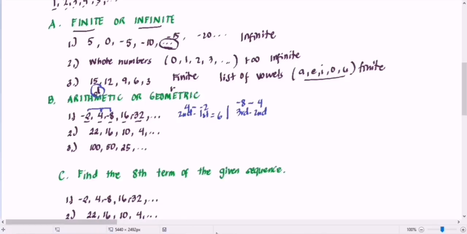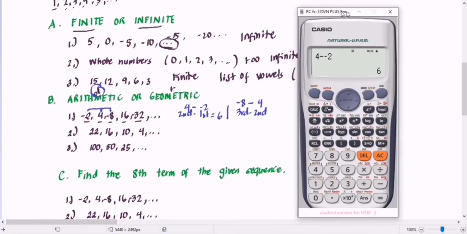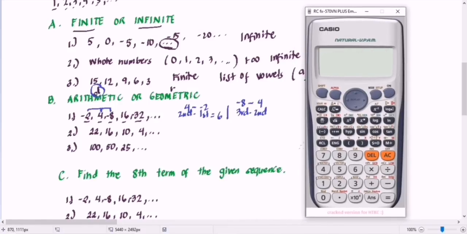Negative 8 minus 4. Sorry, walang negative na nilagay. Negative 8, then minus 4. That is equal to negative 12. Take note, ang ginagamit yung negative ito, pag minus ito. Negative 8 minus 4 is equal to negative 12.